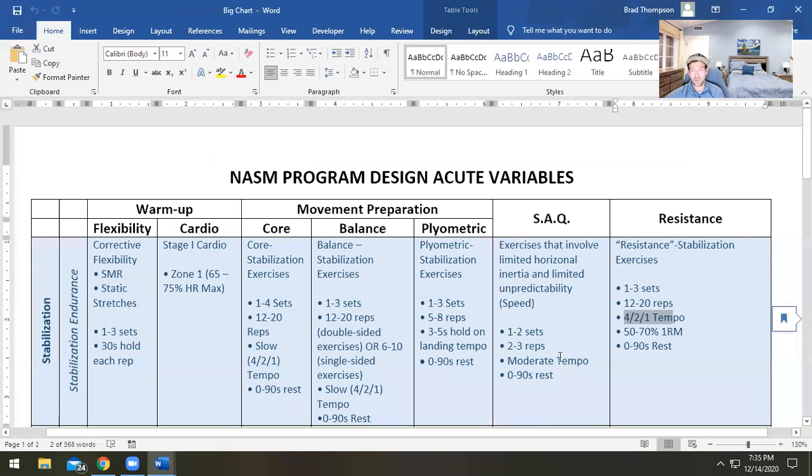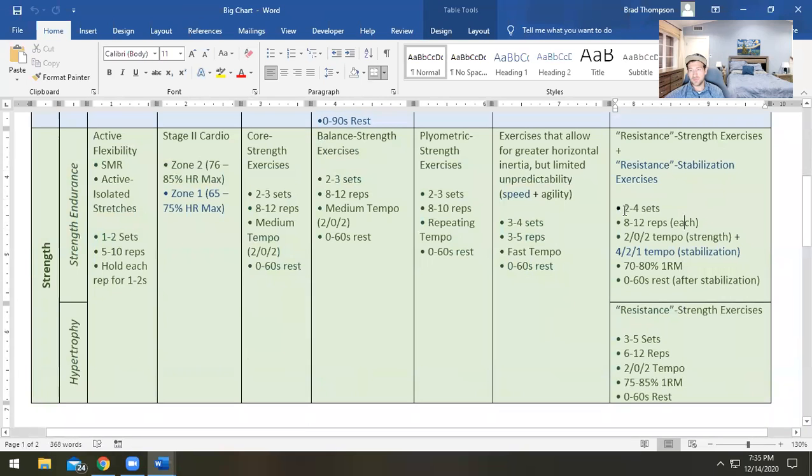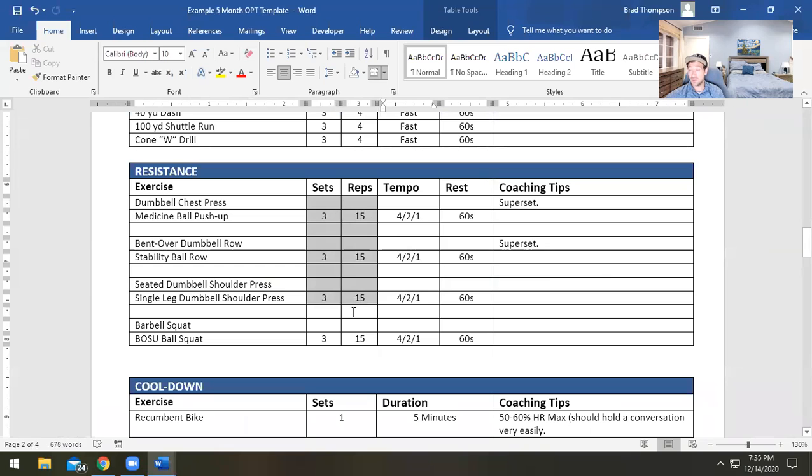Now, on my training volume, I need to be between 2 and 4 sets, 8 to 12 reps. Well, I was doing 3 sets of 15 before. Let's keep it at 3 sets. But 15 reps is too high. Let's take it down to 10. 10 for both, which really means 20, right?